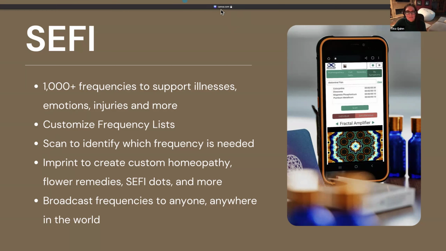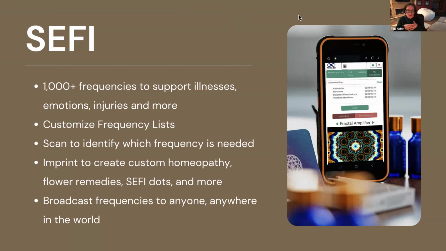Okay, so Cephis, if you don't know what it means, it's subtle energy frequency imprinter. What's really nice about this, when I first started, you could do it at a distance, but you can also use a glass bottle. I always have messages on my bottle. My bottle says divine digestion, divine absorption, divine elimination. But see, even this is energy, right?